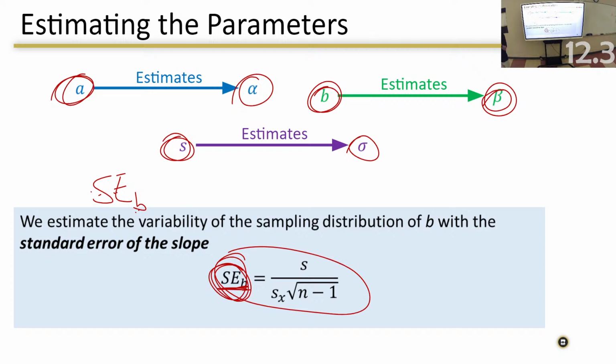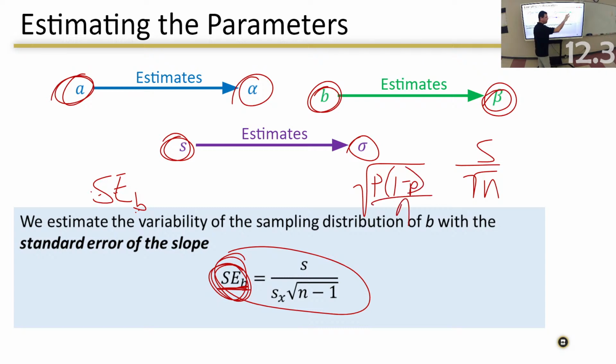Most of the time you're given the standard deviation, and you have to find the standard error. Remember, it's like S over the square root of N, or the square root of P, 1 minus P over N. All of those are standard errors. Well, this is the standard error of the slope. But guys, they're actually going to give you that value, so you don't need to use this formula.